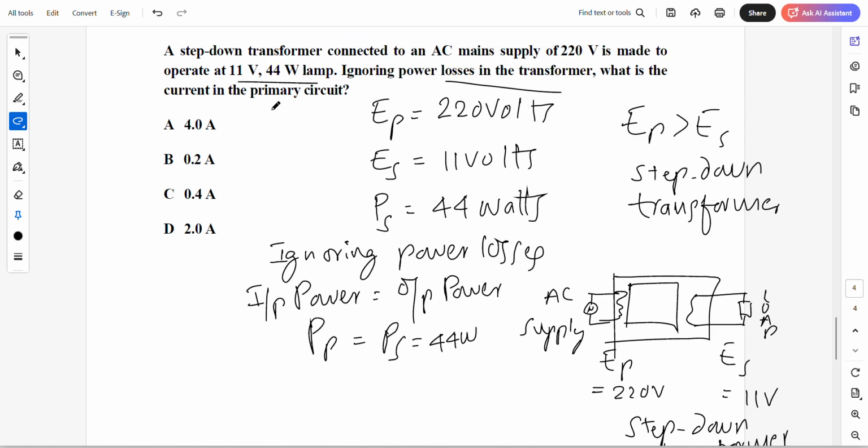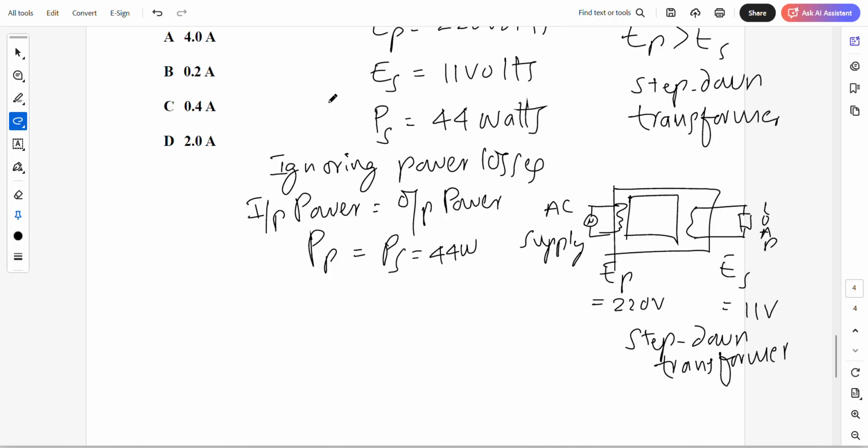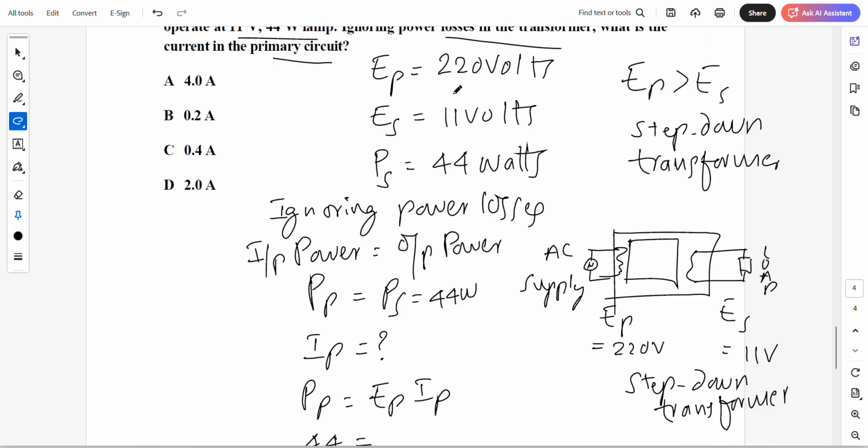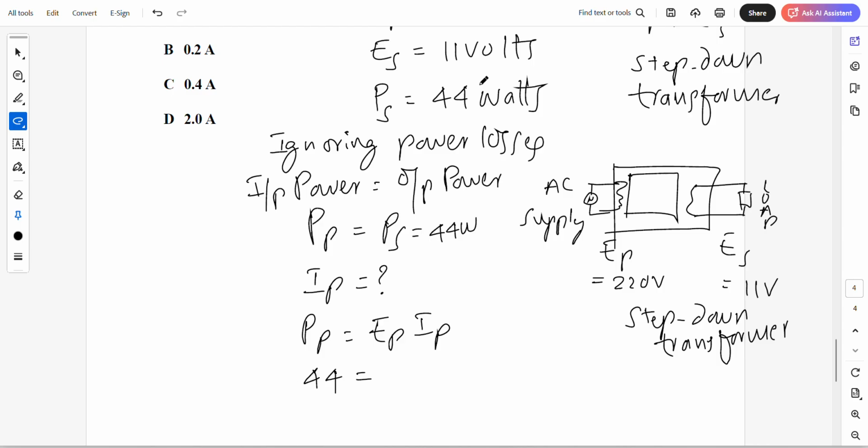They are asking, what is the current in the primary circuit? We know PP is equal to EP into IP. PP, that is primary power, 44, is equal to EP, which is given as 220 volts, into IP. We do not know IP, we have to calculate it. IP is equal to 44 by 220.